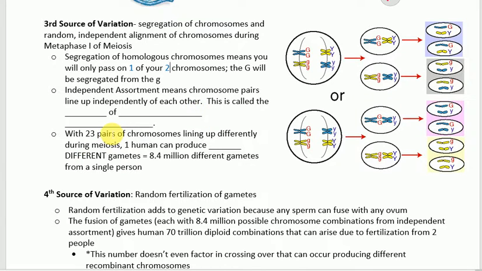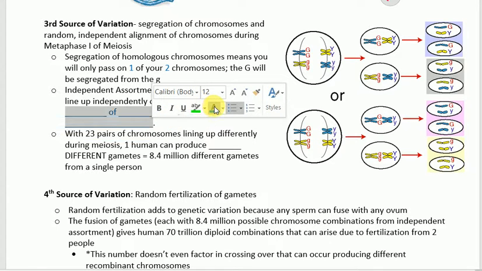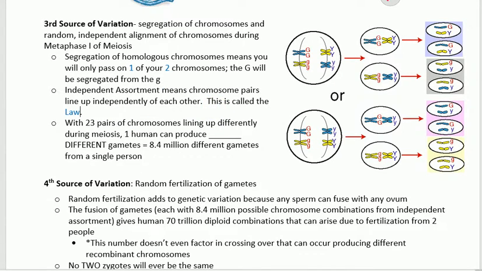So the independent assortment means that the chromosome pairs are going to line up independently of each other. And this is referred to as the law of independent assortment.